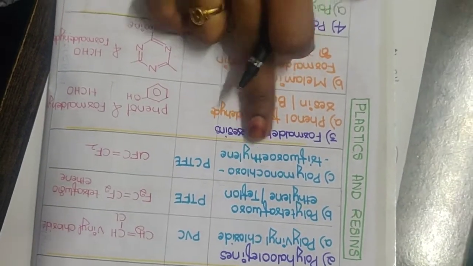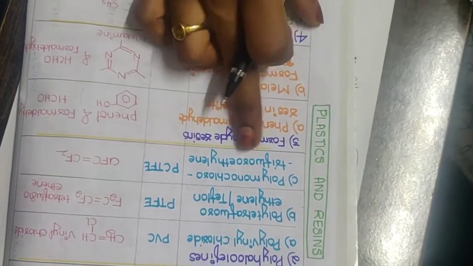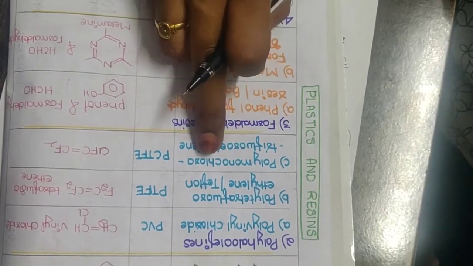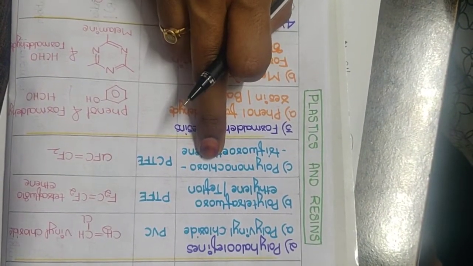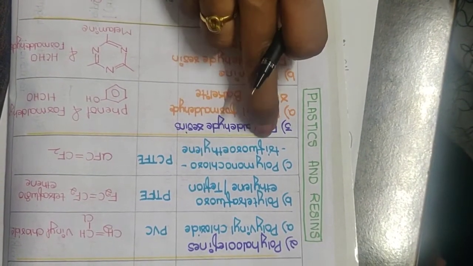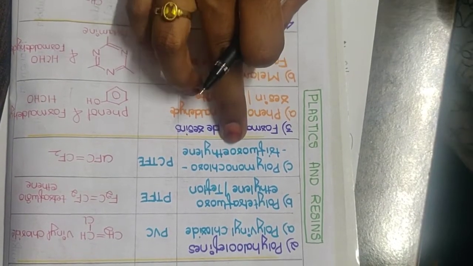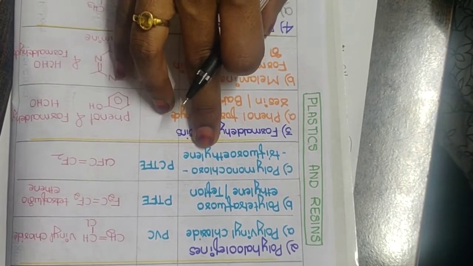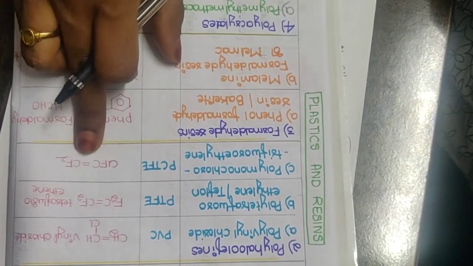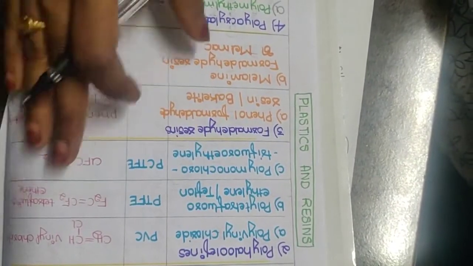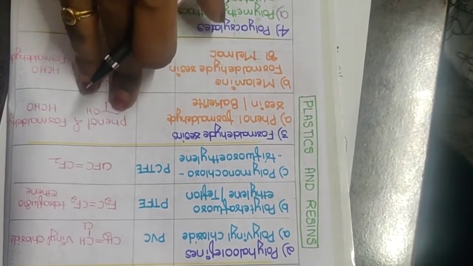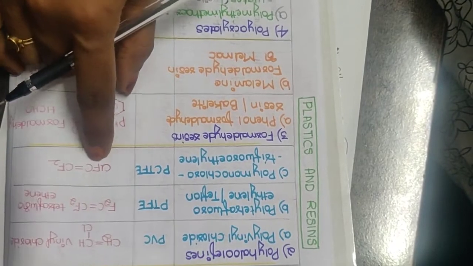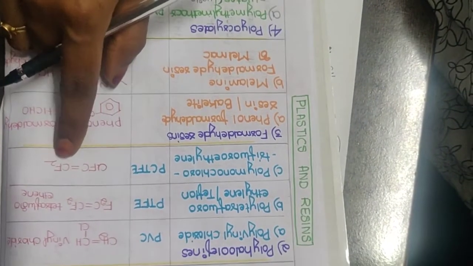The next is polymonochlorotrifluoroethylene. Here I have monochloro, meaning 1 chlorine atom, then 3 fluorine atoms bonded to the carbons of an ethylene group. I should have a total of 3 fluorine atoms and 1 chlorine atom, so chlorine, fluorine, carbon double bonded to CF2.